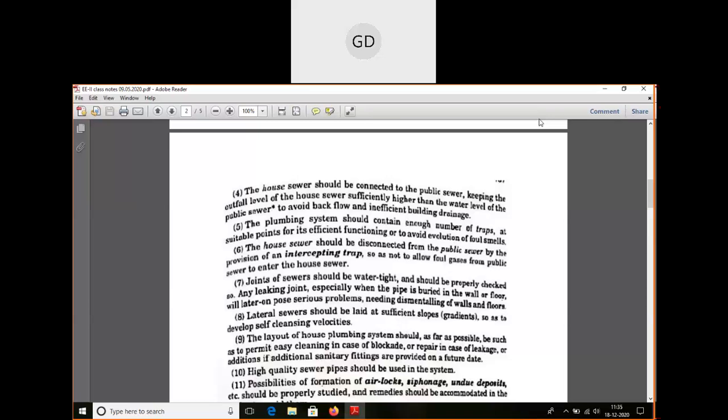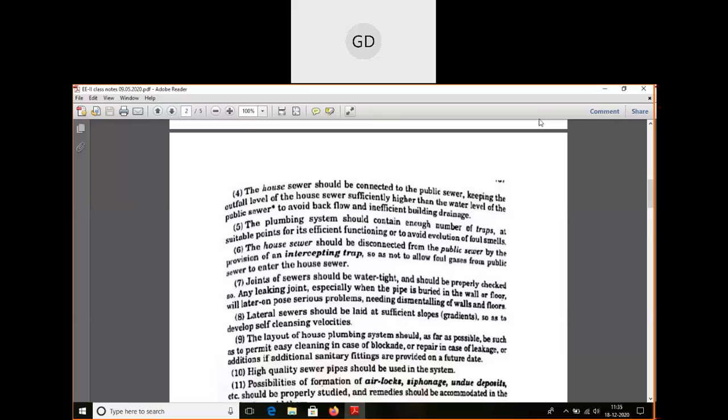So obviously the joints of the sewers should be properly checked, because after you bury them in the wall or put them in the floor, if you realize there is any leaking joint, that will cause a serious problem, and again you need to dismantle the walls and the floor. That will be a very costly thing, isn't it? Again, your money will go.